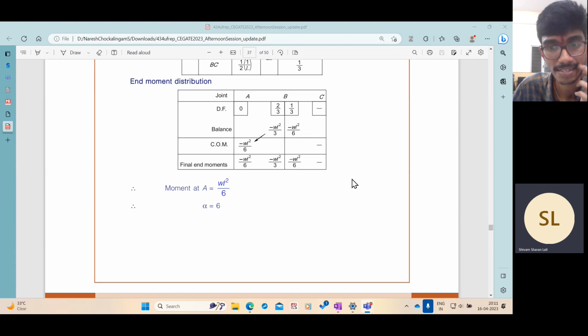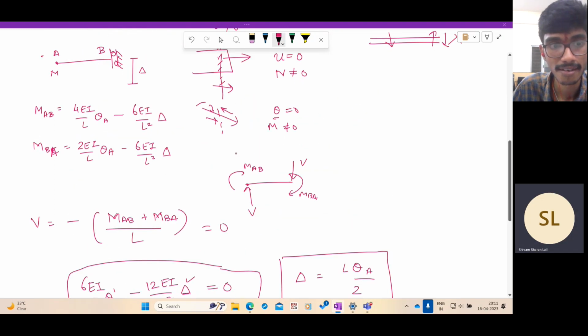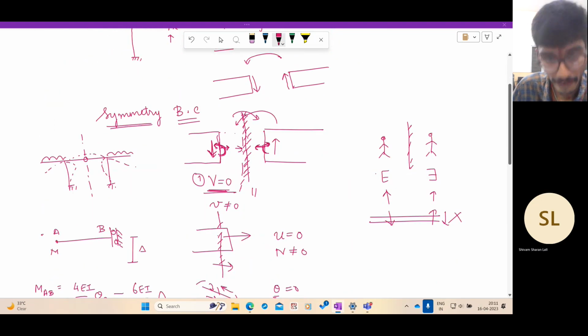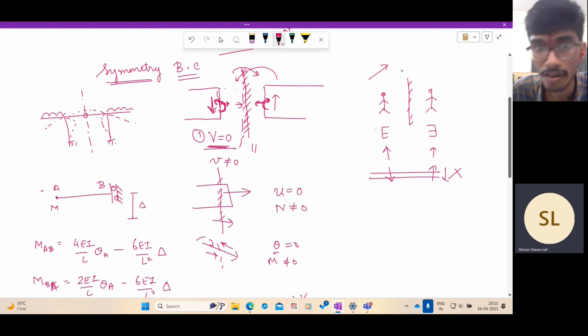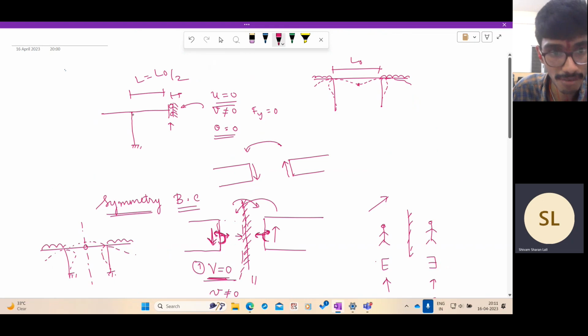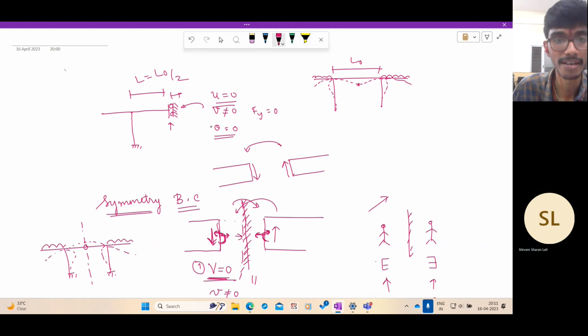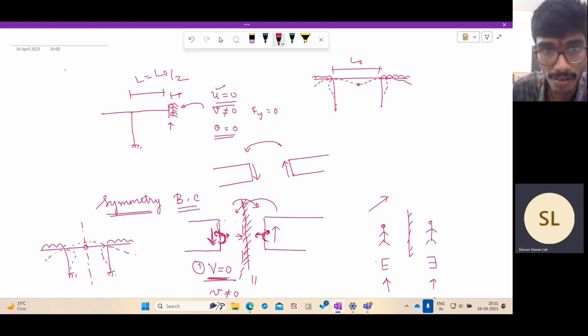Can you repeat about the boundary conditions that you were talking about? The symmetry boundary condition? Yes, sir. So I said that if you have a line of symmetry and all the forces. U is the horizontal displacement, V is the vertical, and theta is the rotation.